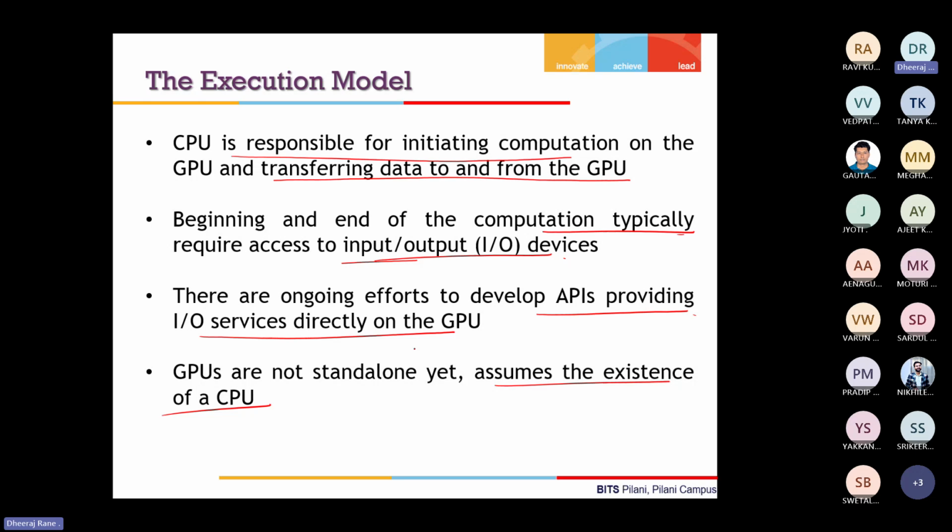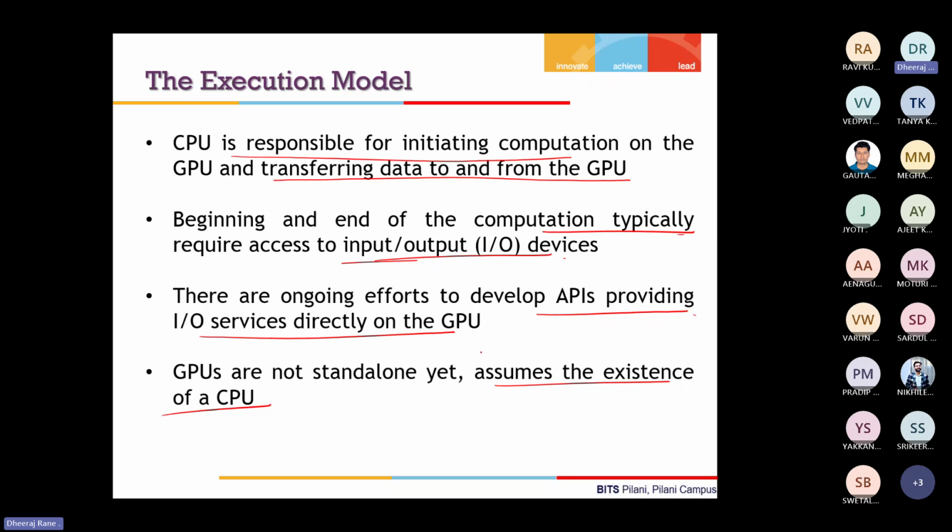Ultimately, the whole industry needs to be in sync for this, but because everything is being initiated by the CPU as of now, things are initiated by the CPU, handed over to the GPU, and then whatever the result, the GPU hands it over to the CPU again, and then IO devices are involved through the CPU.